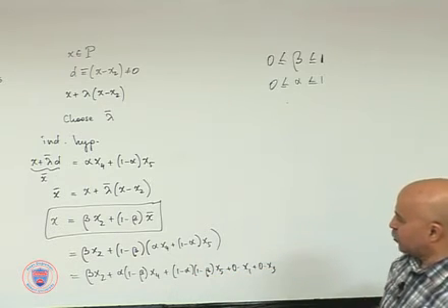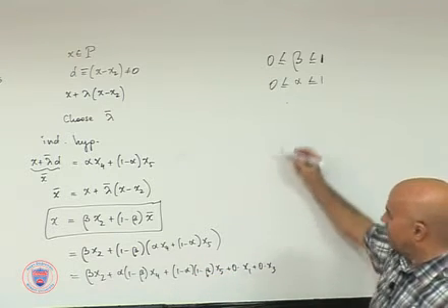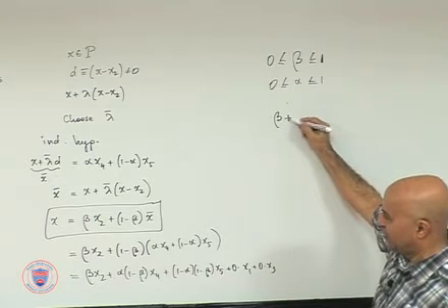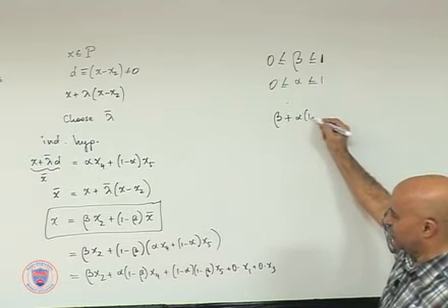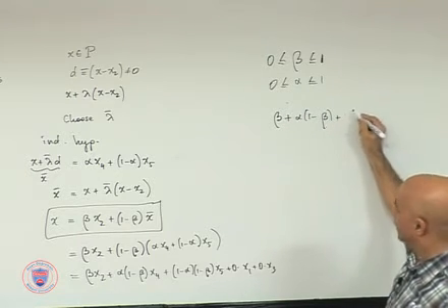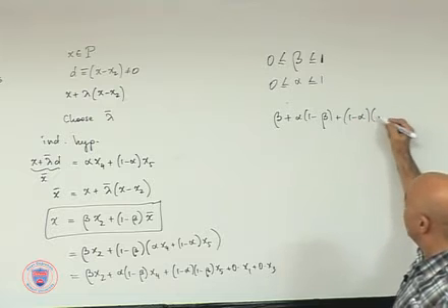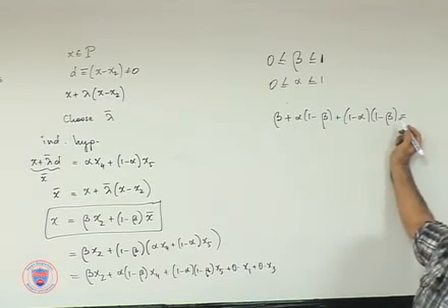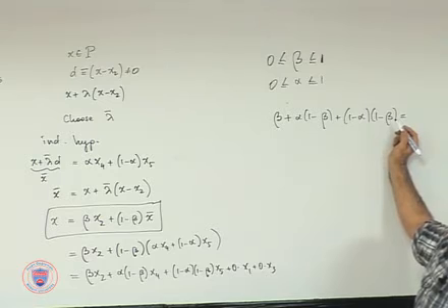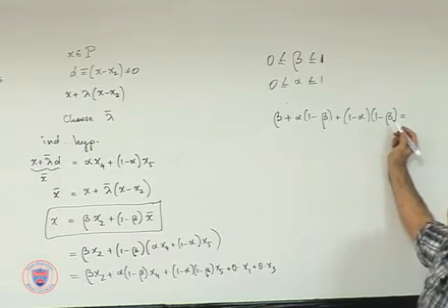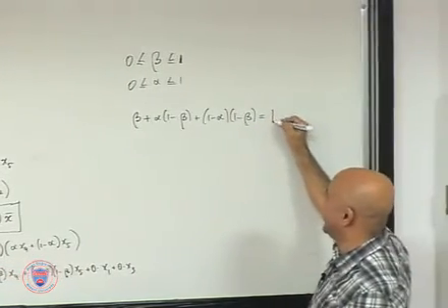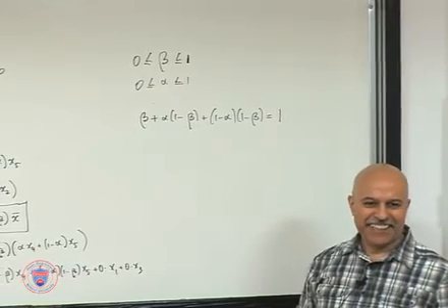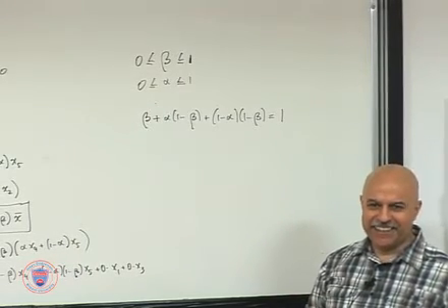And do they add up to 1? I don't know. Add them up and see what happens. Beta plus alpha, they do. Who said that they do? You do? Okay, I believe Sibel. They add up to 1. Okay? Did you figure it out? Yes, okay.